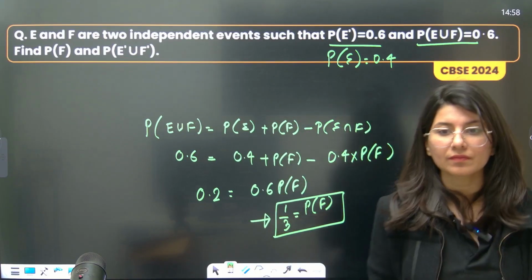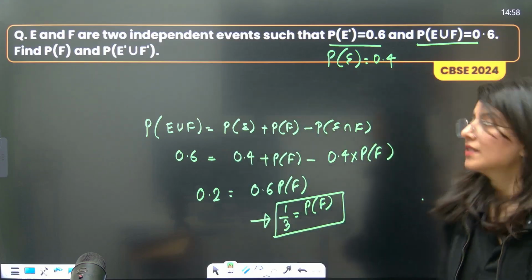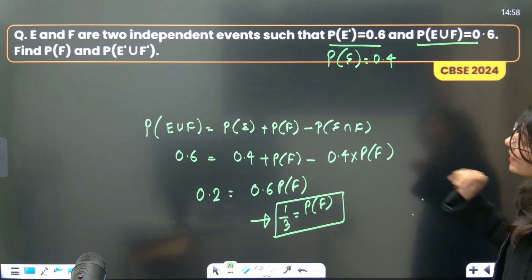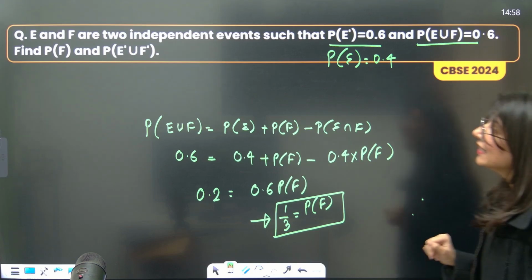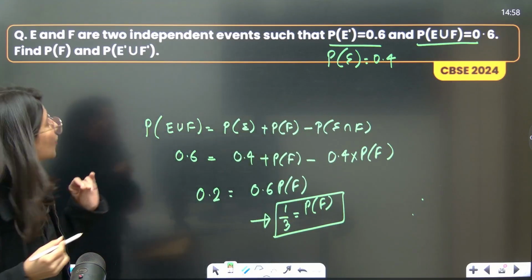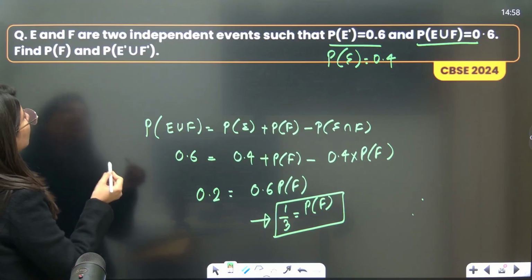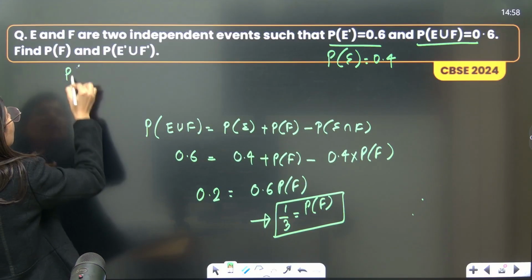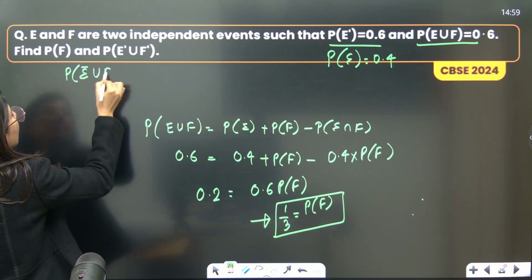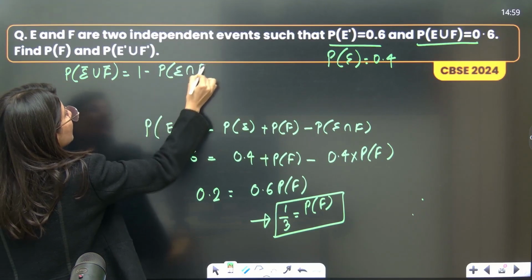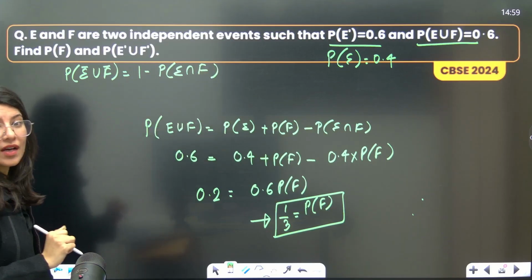All right, clear? CBSE 2024. So 1 by 3. Now they are asking you probability of E complement union F complement. Just understand, probability of E bar union F bar is nothing but 1 minus probability of E intersection F. Do you remember this formula?